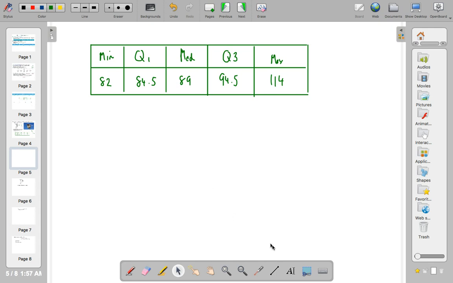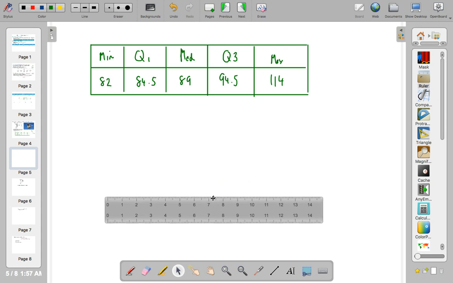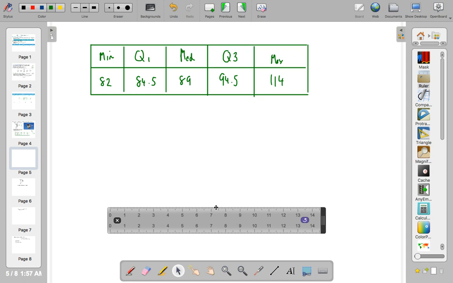Okay. So I might get my ruler out here. And I'm going to set my scale from 80 to 120. So I'll just draw a straight line here, and we'll go a little bit further.